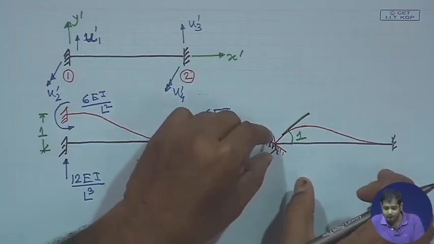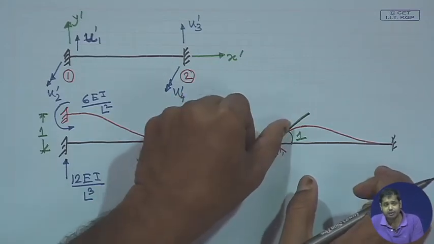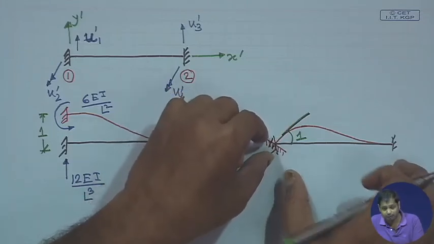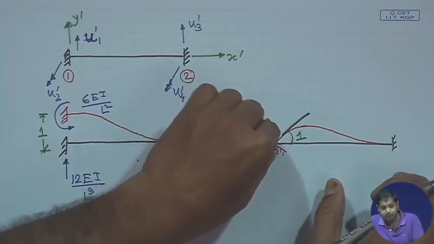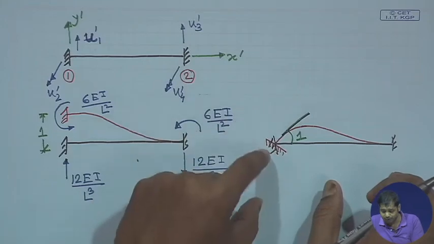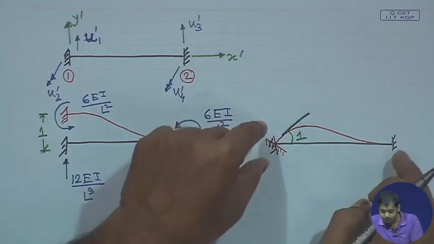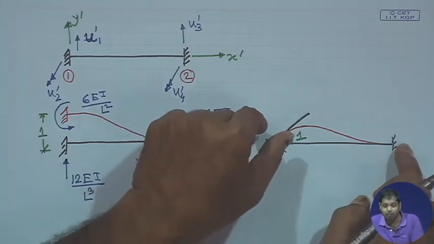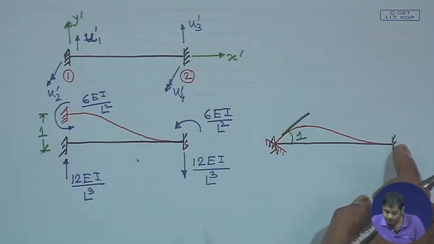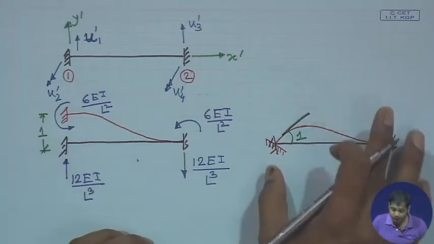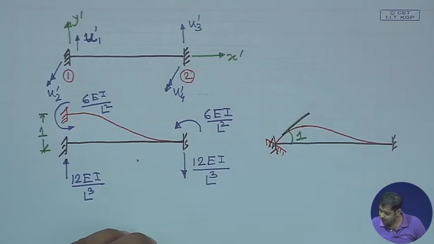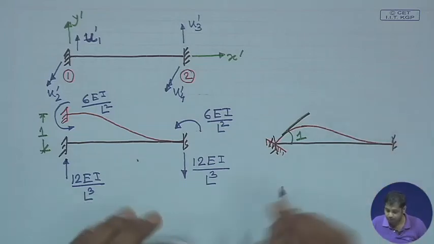So, again we have a fixed beam, or a propped cantilever beam, and at the propped end you give a unit rotation. Then what would be the corresponding moment and reactions at the support, that we can obtain by any method that we have learned so far.